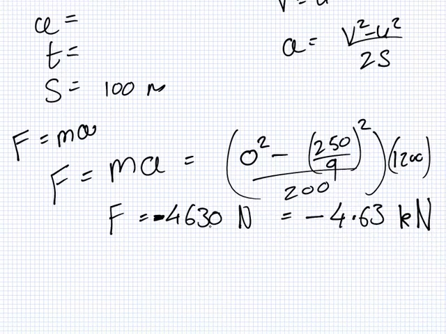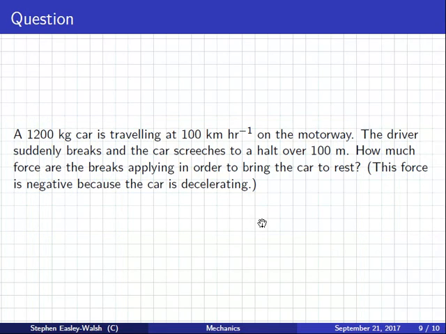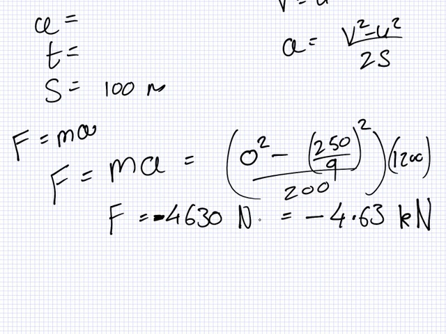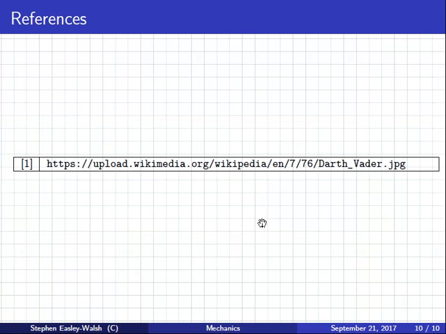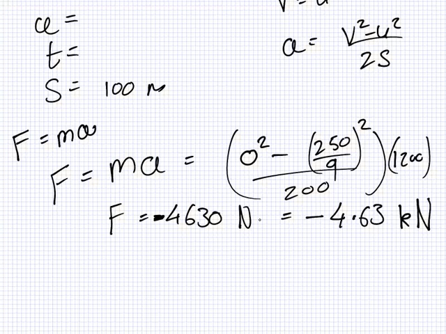Because this is 4,000, so 1,000 is a kilo. Oh. So that's all. Okay, is there more to this one? No. That's a large force. So the brakes in the car apply a large force to the motion to stop it. It's very significant.